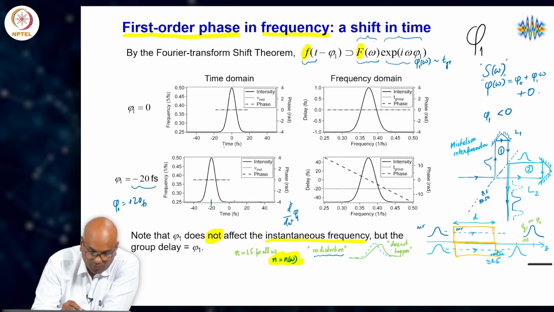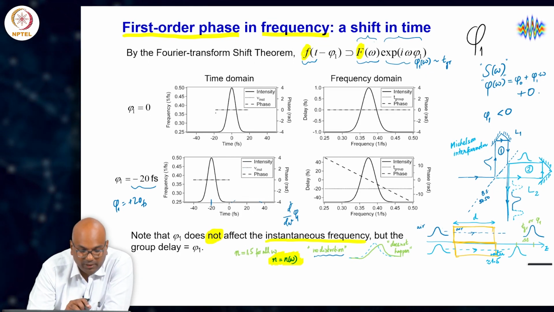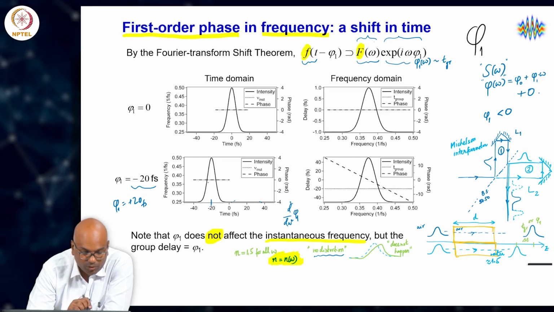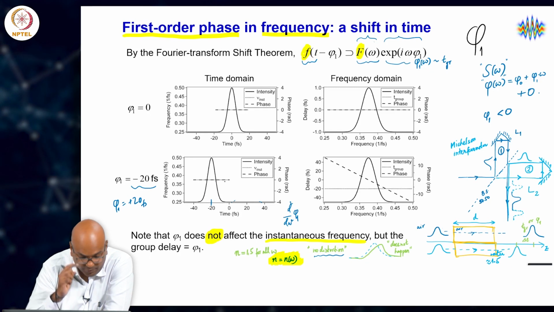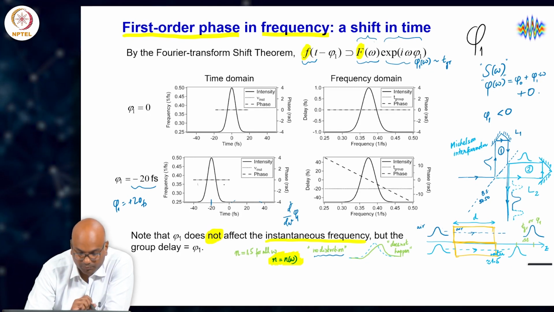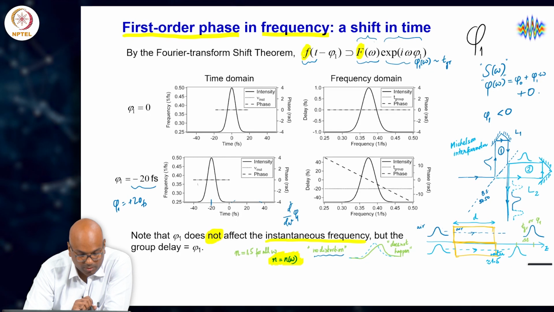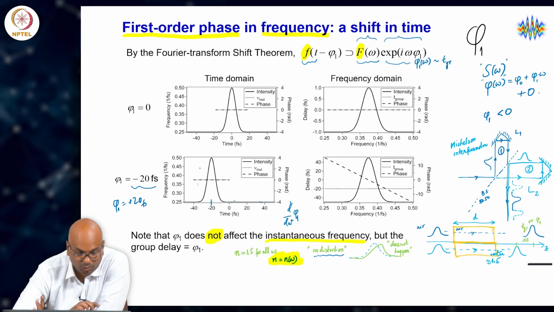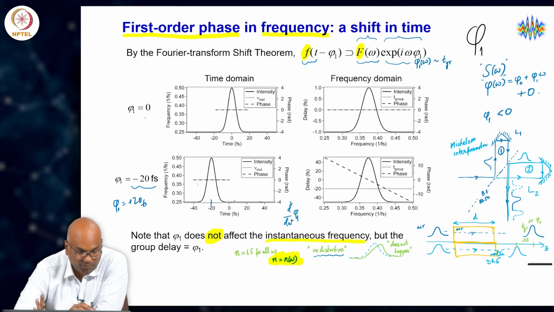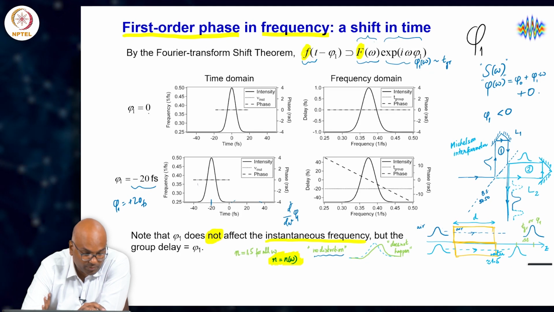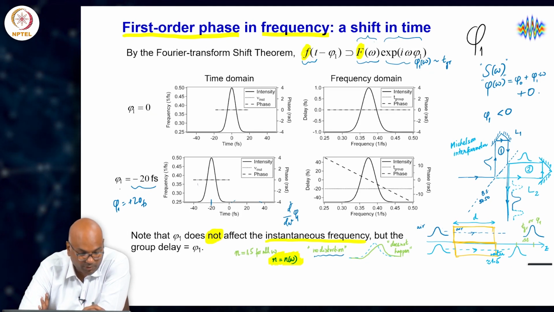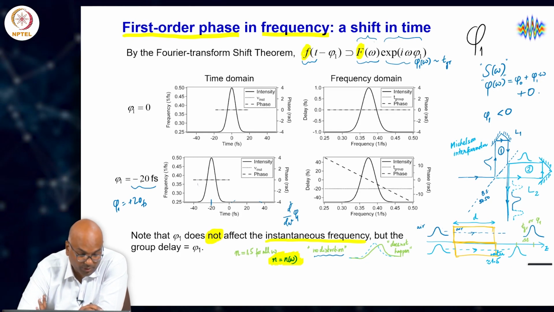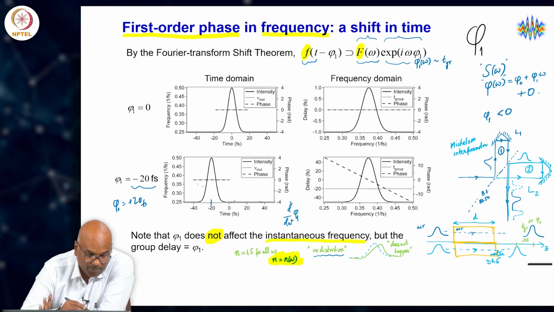Compare the notions of this here, that the spectral phase here was flat in both these cases across all frequencies. Phi 1 was the spectral phase was, sorry, the temporal phase, not the spectral phase. The temporal phase was flat in both these cases, where phi 1 of the spectral domain was 0 and the phi 1 of the spectral domain, that is group delay, was minus 20 femtoseconds.